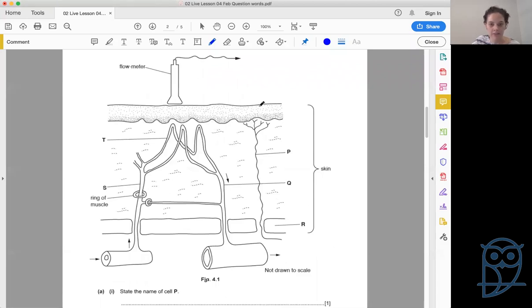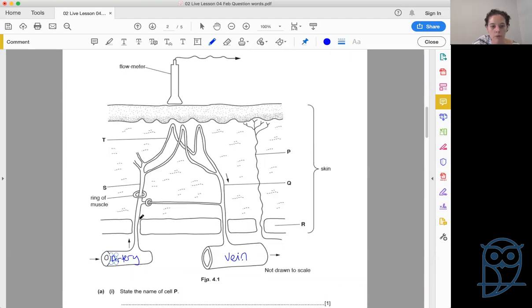We have different layers of skin. If you have studied the skin already, this should look familiar and be something that you can label now. We're going to work through things gradually. First thing, this one's going to be an artery, and this a vein, because we can see the blood flow coming in.